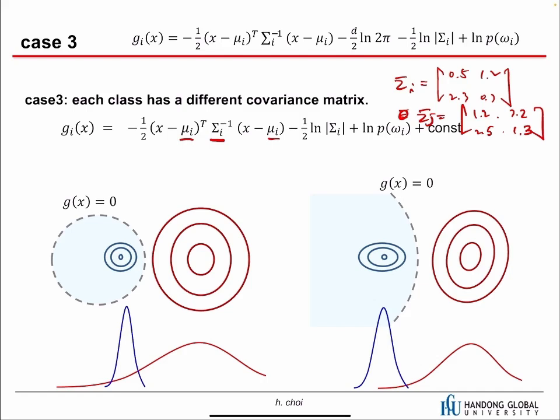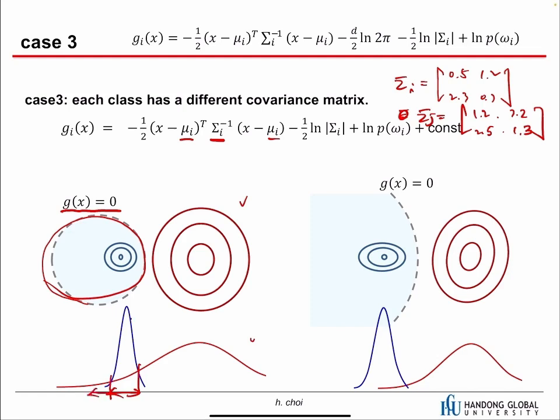So in this case, if we find the surface such that g of x is 0, it could be something like this. This one is in the 2-dimensional space. This one is in the 1-dimensional space. In the 1-dimensional space, for this region, it belongs to class 1 if the blue one is class 1.